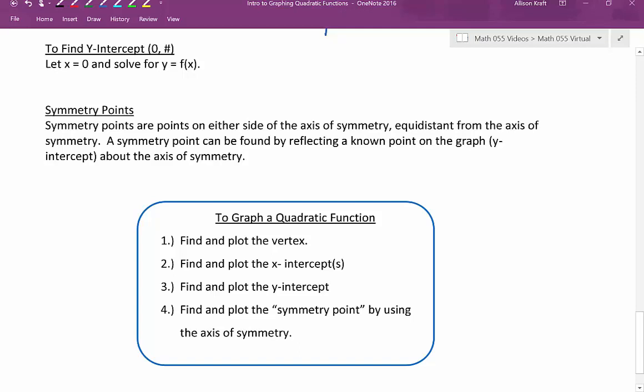To graph a quadratic function, we're going to want to find and plot the vertex. We'll find and plot the x-intercepts. We'll find and plot the y-intercept. Once we have those points, we're going to use the axis of symmetry and the y-intercept to find and plot a symmetry point. In the next video, we'll actually graph quadratic functions.